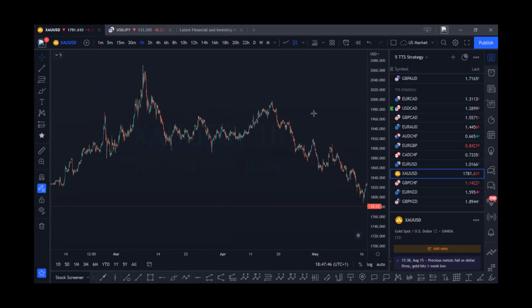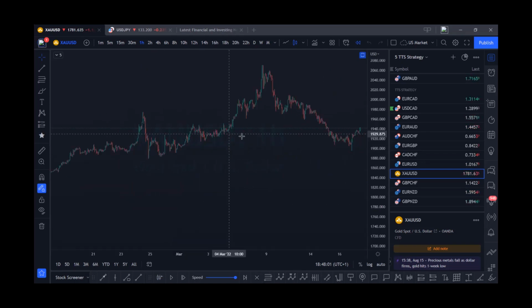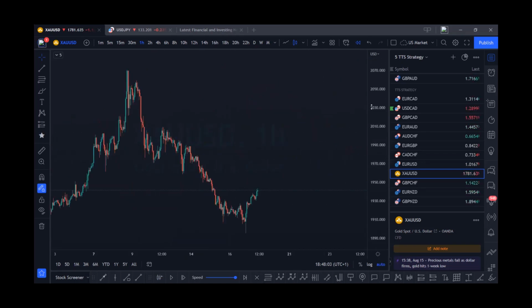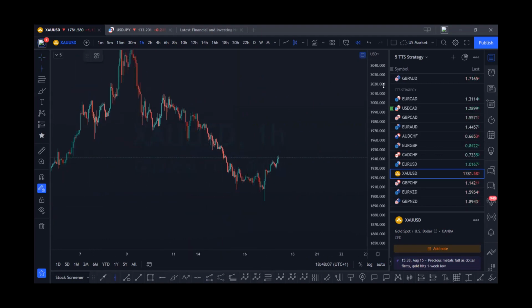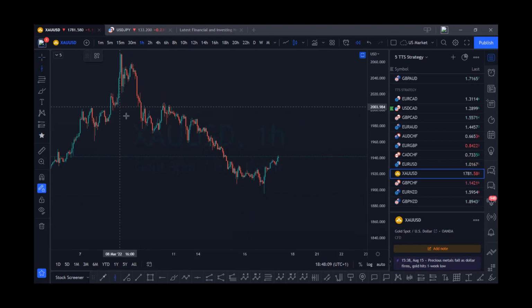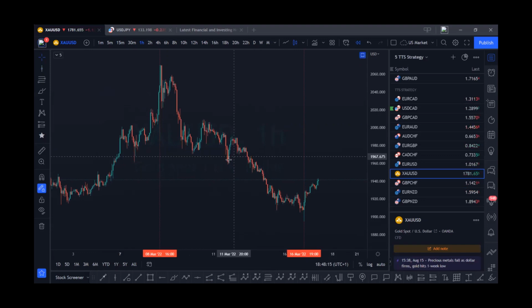In fact, I can actually cut this chart. Let's cut things, and let's just look at what the price did between here and here.